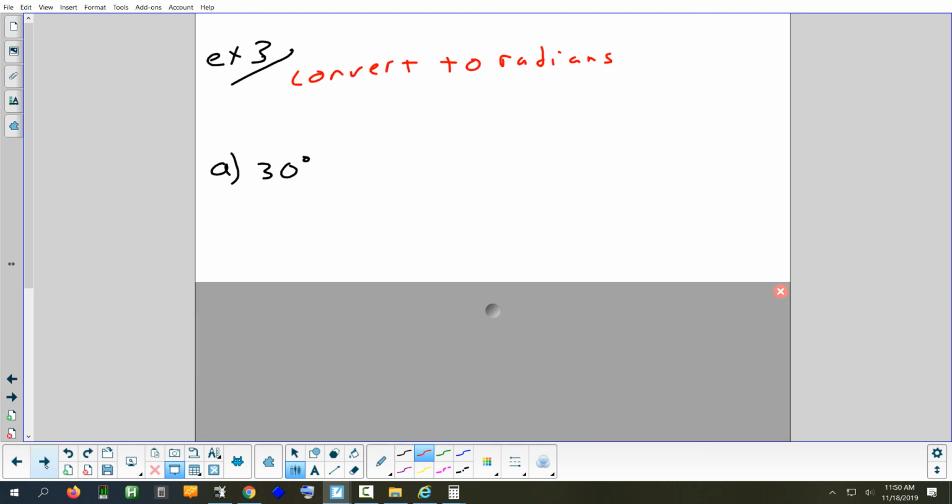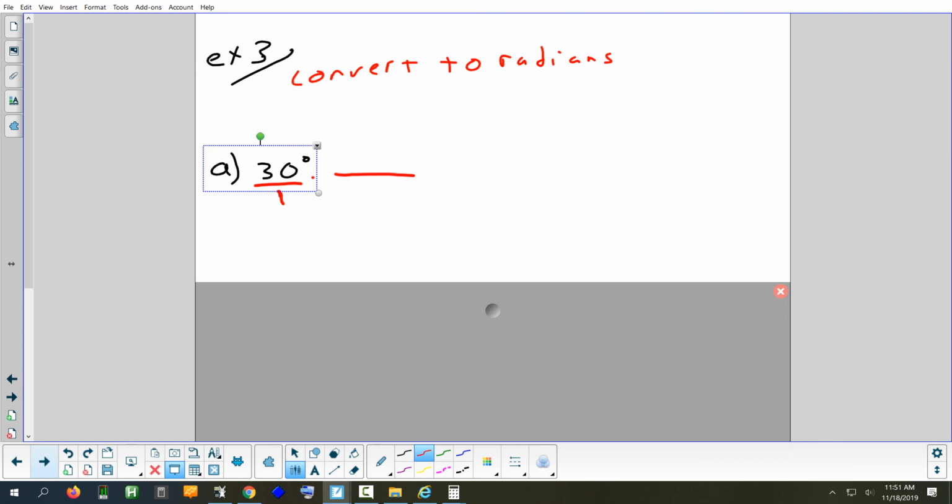Let's look at an example where we want to convert degrees to radians. Always going to multiply by a fraction. It's either pi over 180 or it's 180 over pi. Now, 30 is not a fraction, but if you wanted to make it one, what could you do? 30 over 1. You could put it over 1. Now, we're trying to get radians. That's the end goal. Right now I have degrees.